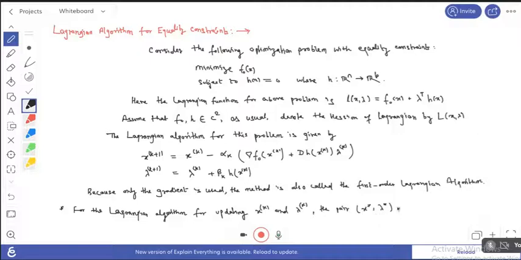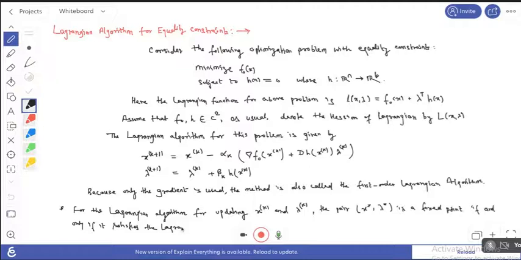This is a fixed point if and only if, this means fixed point, this is your optimum solution, if and only if it satisfies the Lagrangian condition.